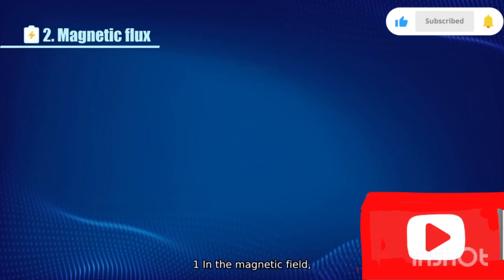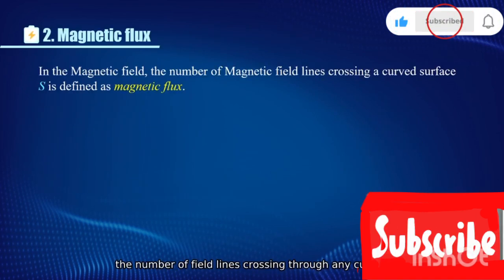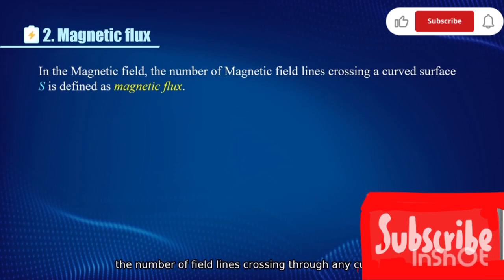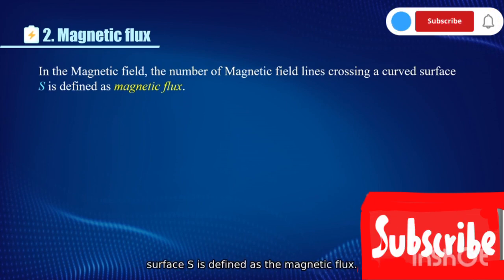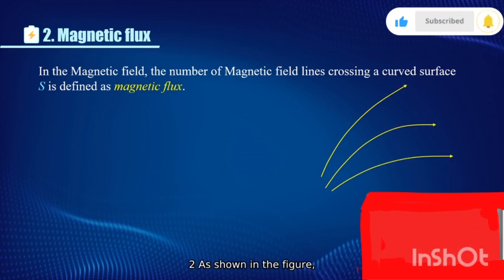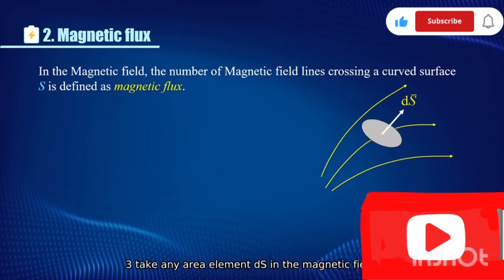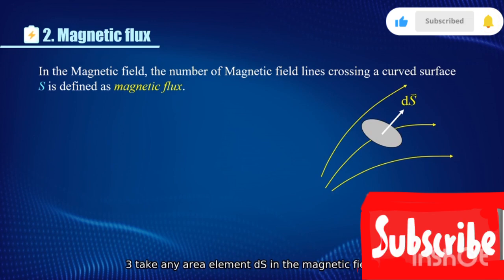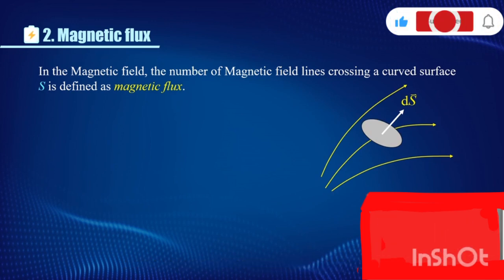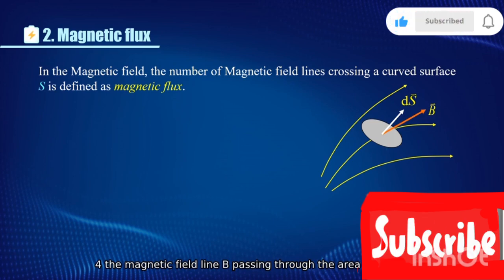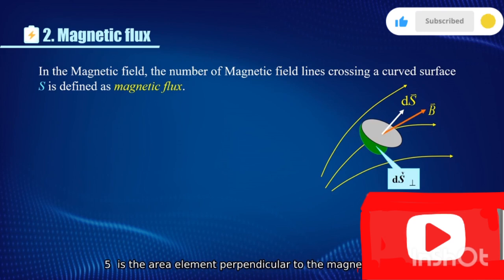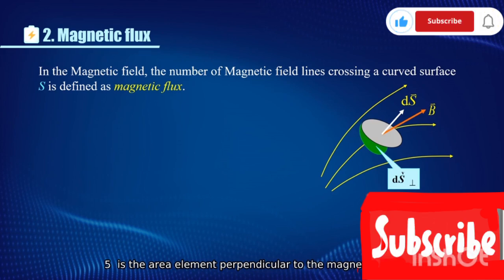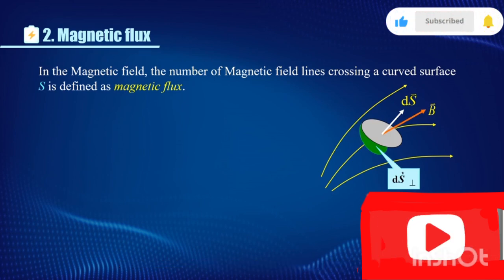In the magnetic field, the number of field lines crossing any curved surface S is defined as the magnetic flux. As shown in the figure, take any area element dS along the normal direction. The magnetic field line B passing through the area element is perpendicular to the area element at this point.